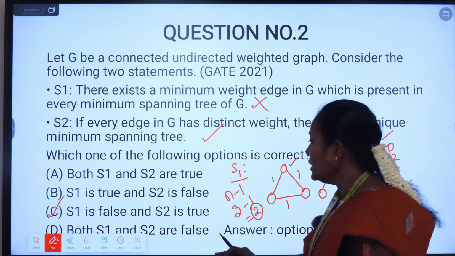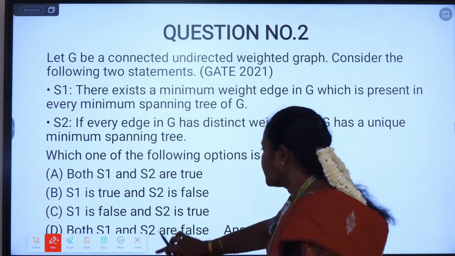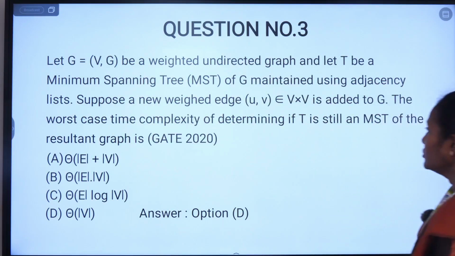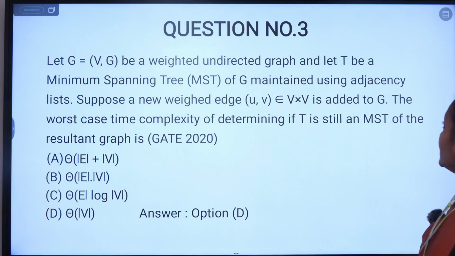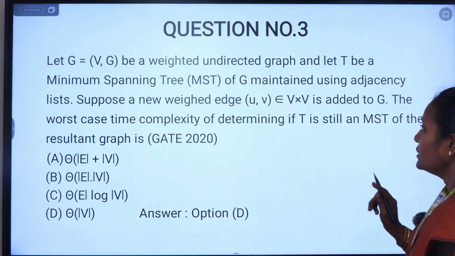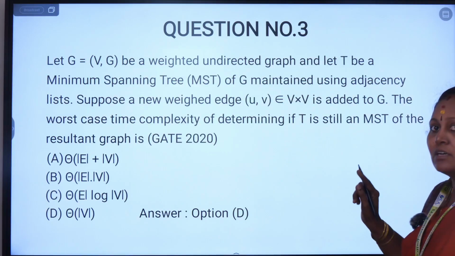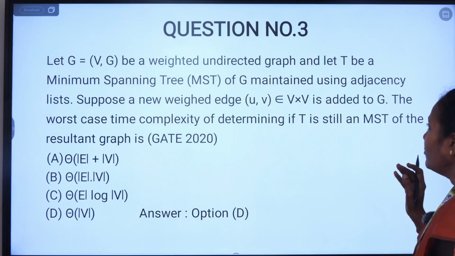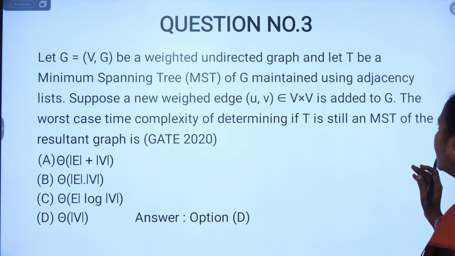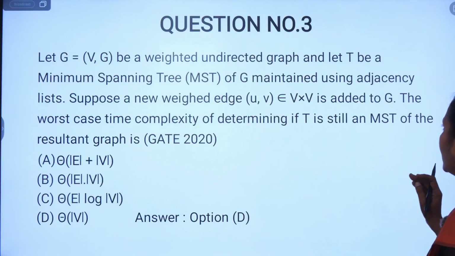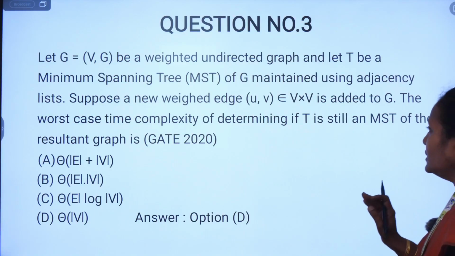Next we are going to see question number 3. This is actually a GATE 2020 question. Let G equal (V, E), where V is the vertices and E is the edges, be a weighted undirected graph, and let T be a minimum spanning tree of G maintained using an adjacency list.